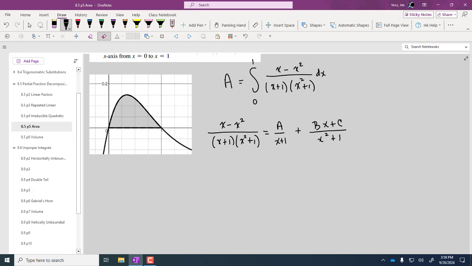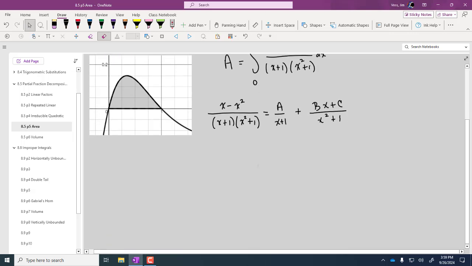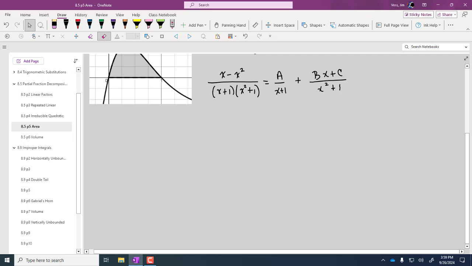Now multiply all that out. Just make sure these are in parentheses.